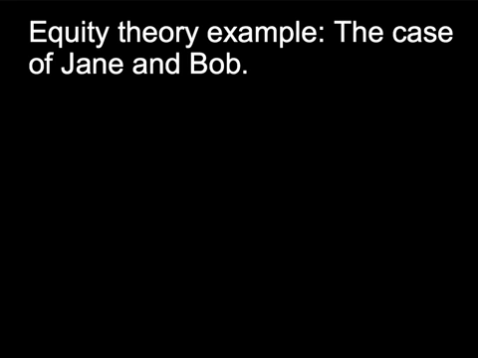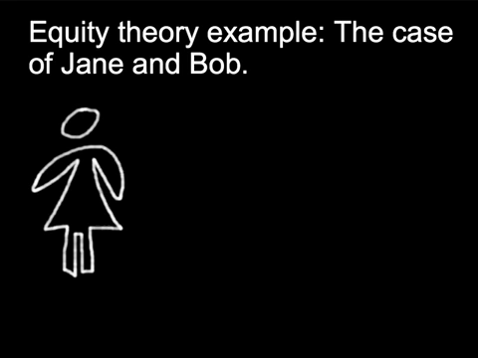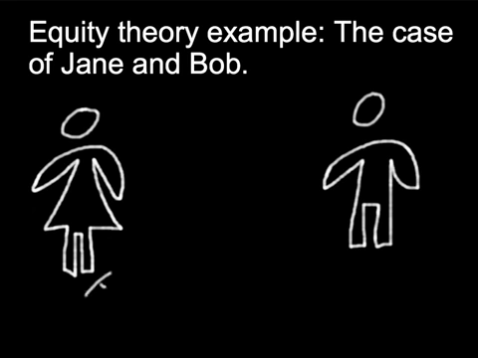So let's do a quick example. This is the case of Jane and Bob. Jane is experiencing an inequity, and the question is, what can she do to reduce that tension and restore equity in her own mind?